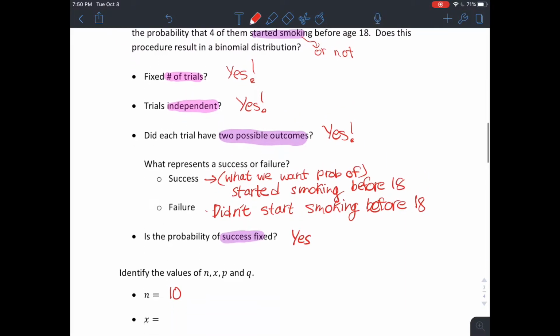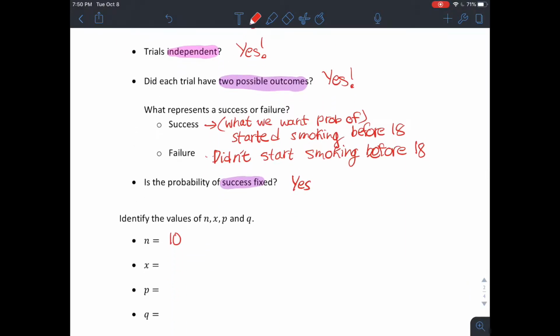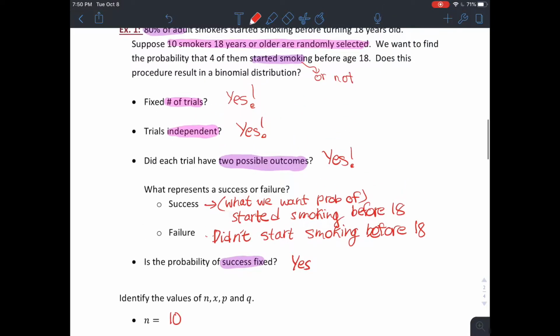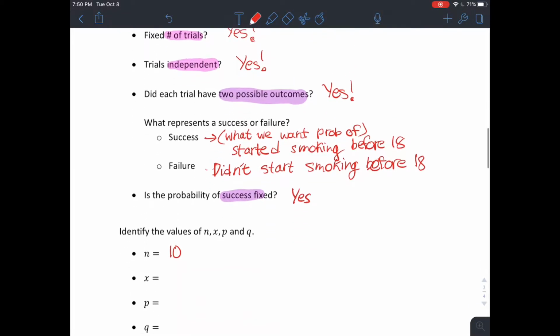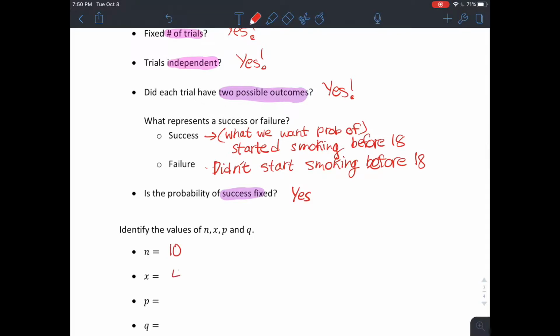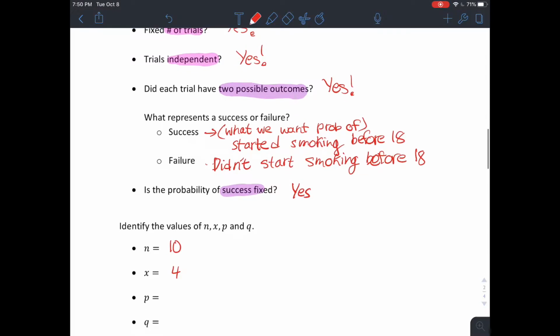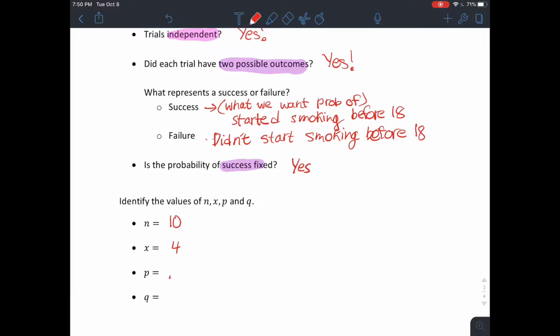So going and making 10 selections, N is going to be 10. X is the number of successes we're calculating the probability for, so we're looking for the probability that 4 of these people started smoking before age 18. The probability that we get someone who meets that requirement is 80%, and then the probability we do not would have to be 20%.